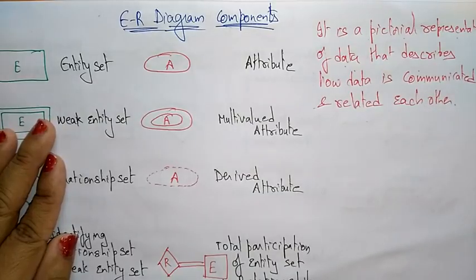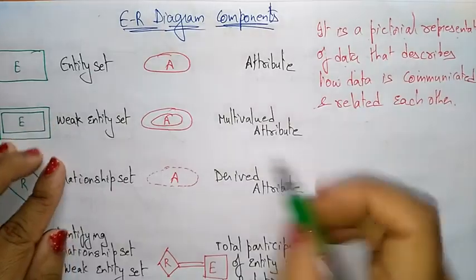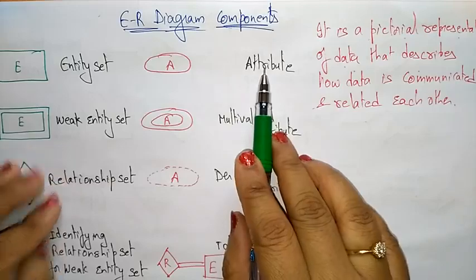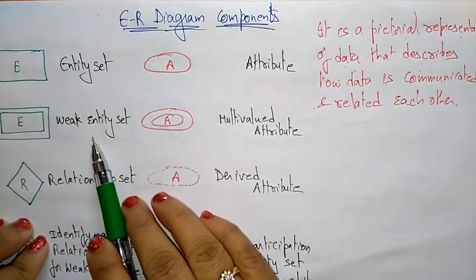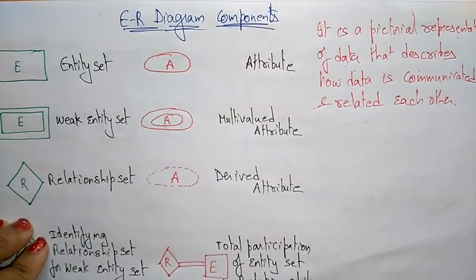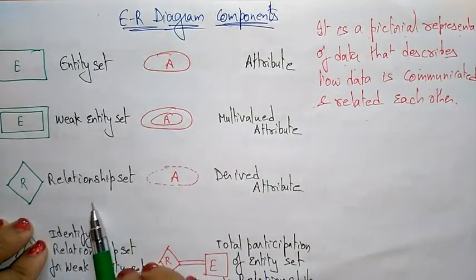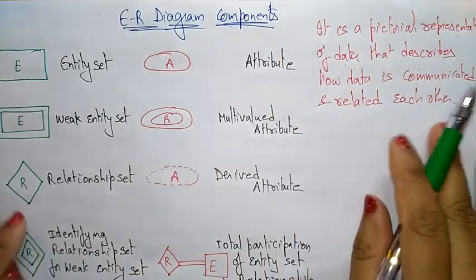Here we can say that any object such as entities, attributes, entity sets, and relationships can be characterized with the help of ER diagrams.